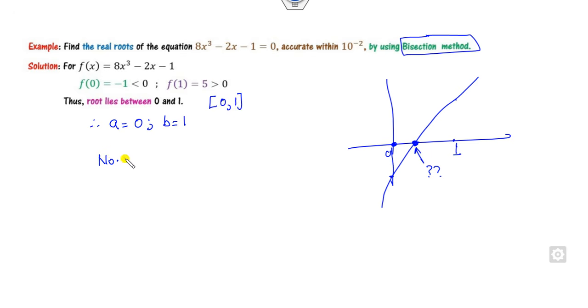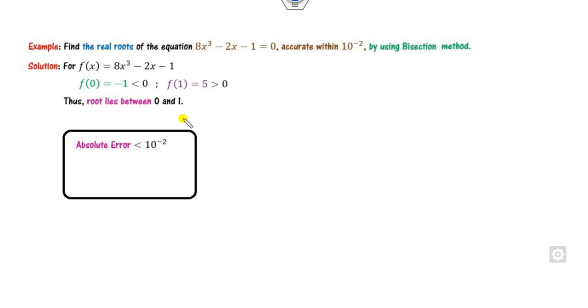First of all, see how many iterations you need in order to get this accuracy. The accuracy is the absolute error. How many steps do you need?